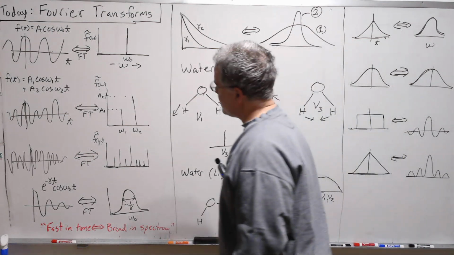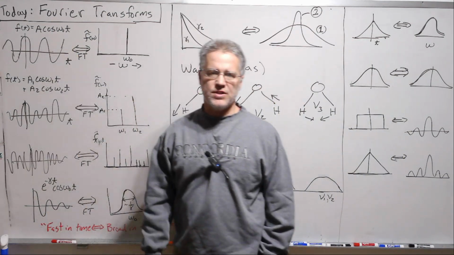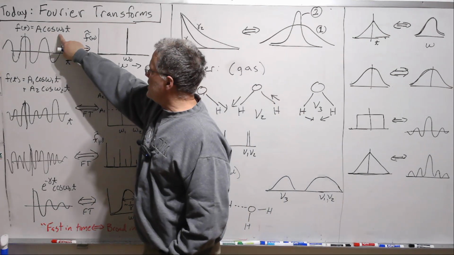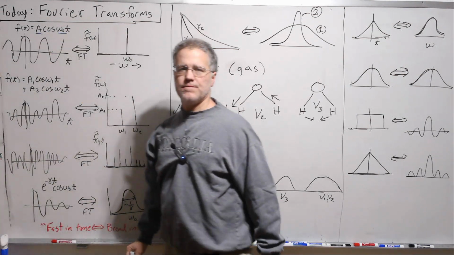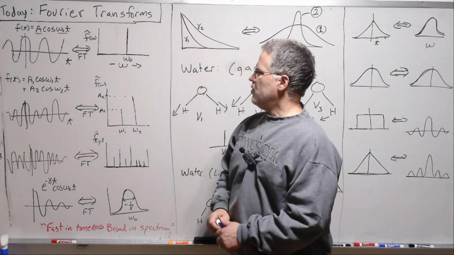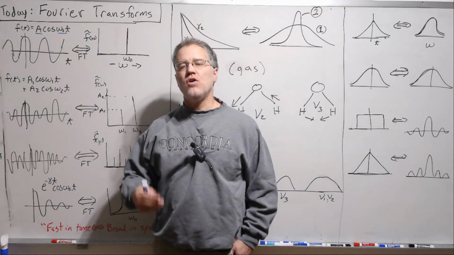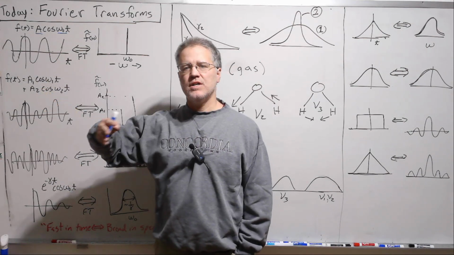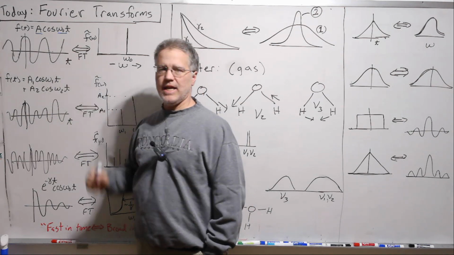All right, so let's get started here, and let's just think about a simple cosine function. The cosine function will oscillate with a characteristic frequency of, in this case, omega naught, and it'll have some amplitude. Now, we all know what a cosine looks like, and if we saw a picture of it, we'd say, oh, that's a cosine, and it has this frequency. So very easy to deal with in the time domain here.